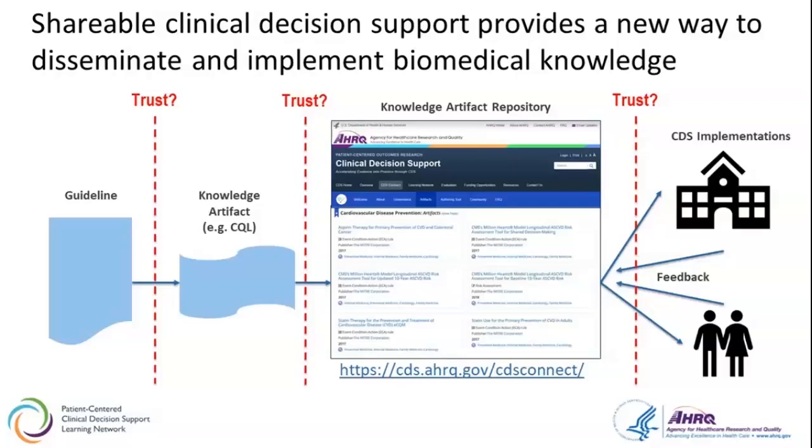So it was with this trust issue that we as a working group set out to explicitly address what, within a knowledge artifact or clinical decision support artifact ecosystem, assuming a world where there are all of these artifacts floating around, how are we going to know which of these artifacts are trustable?